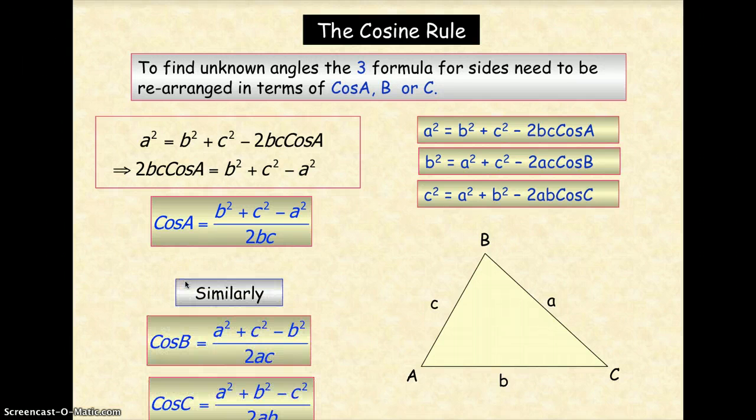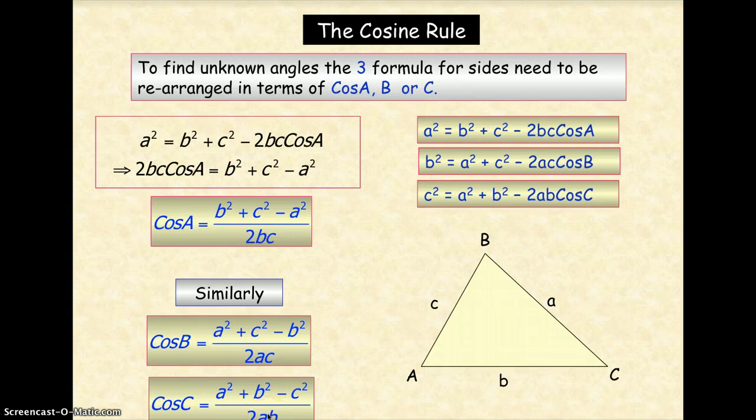If it's cosine B that is missing, it's minus b squared, and b is not down here. On the other hand, if angle C is missing, then side C is the one you use for subtraction, and it's also not included in the value being divided at the bottom. I hope you get that.